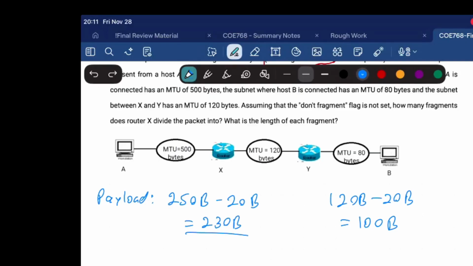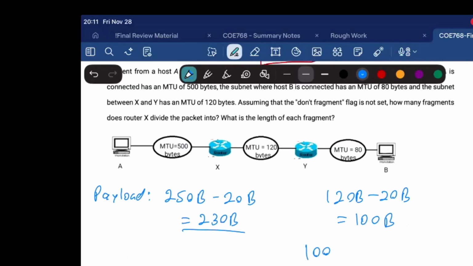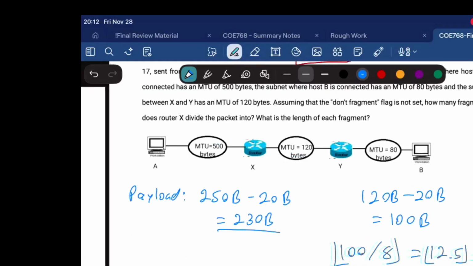We could do 100 divided by 8 and floor it, so round down, which equals 12.5, rounded down equals 12, and 8 times 12 is 96. So this is going to be the amount of information that we want to send out in each of the packets to optimize the bandwidth that we have.